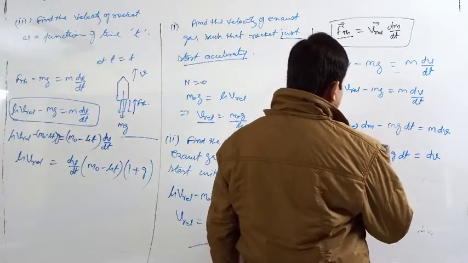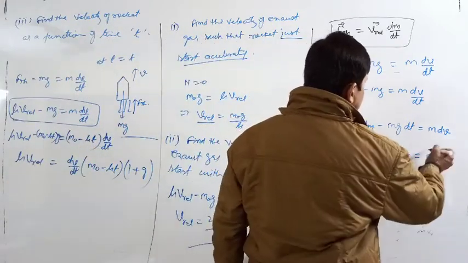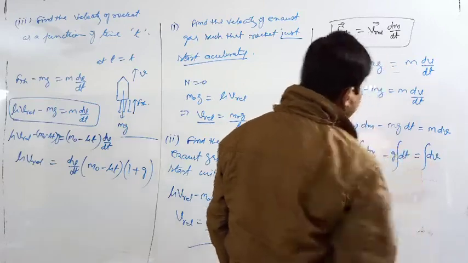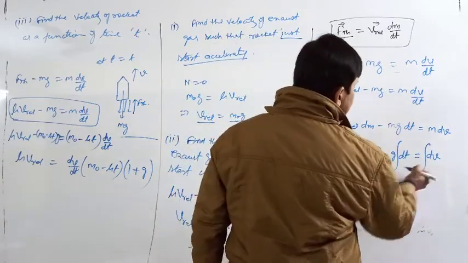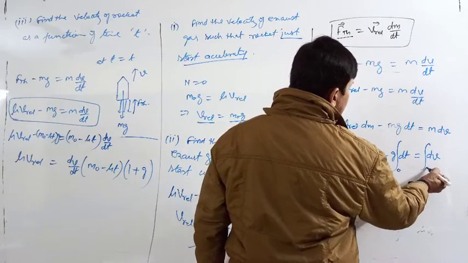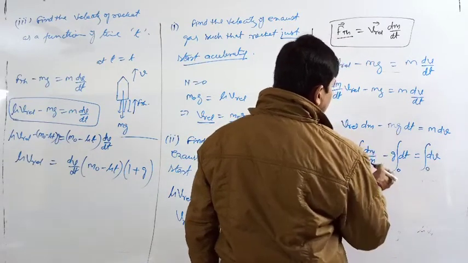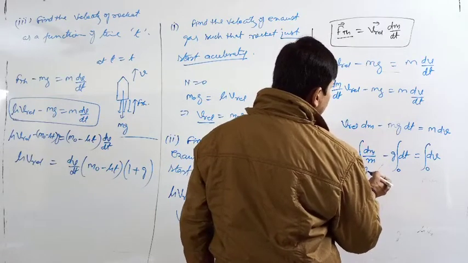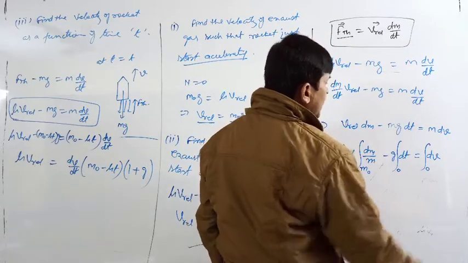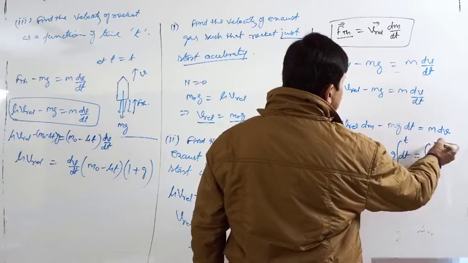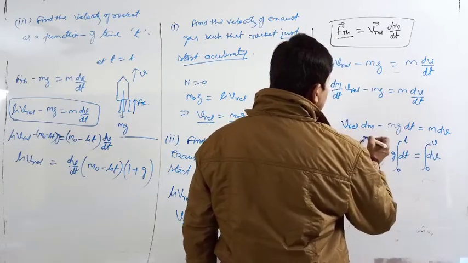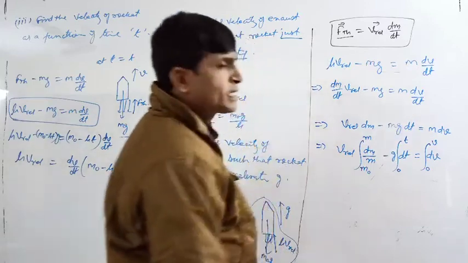Now you can integrate all this. At t equals 0, velocity was starting from 0, and mass was the total mass m naught. At time t, velocity is v, mass is m. Like this you can write.